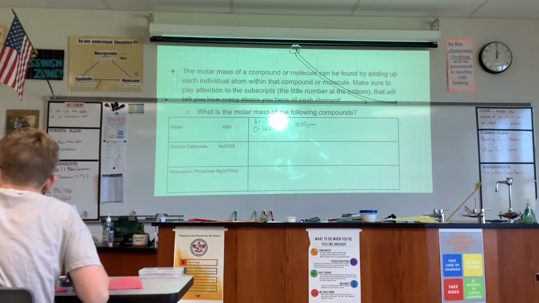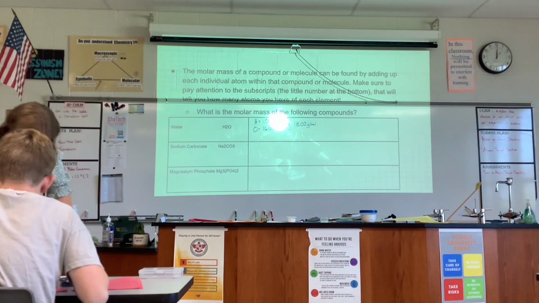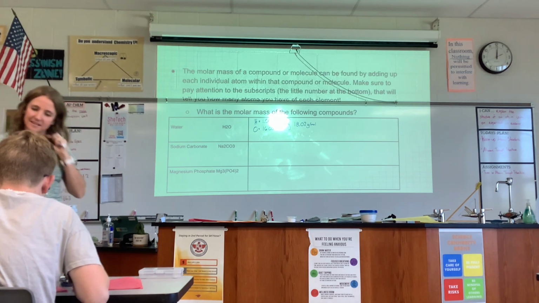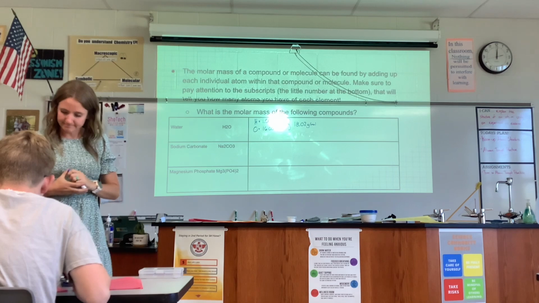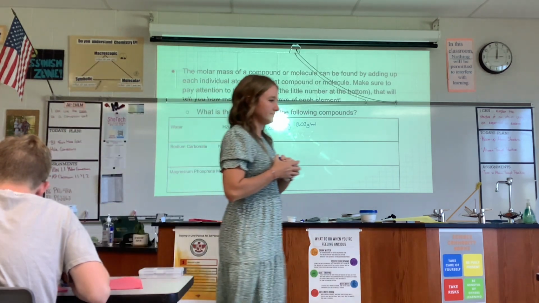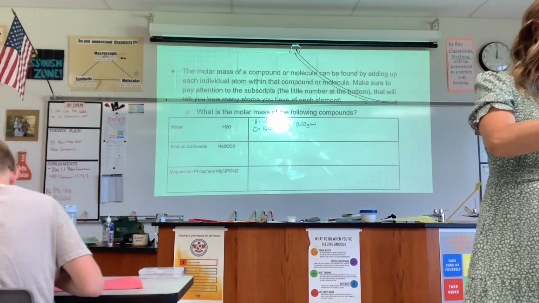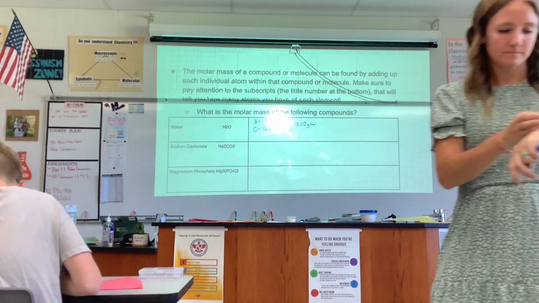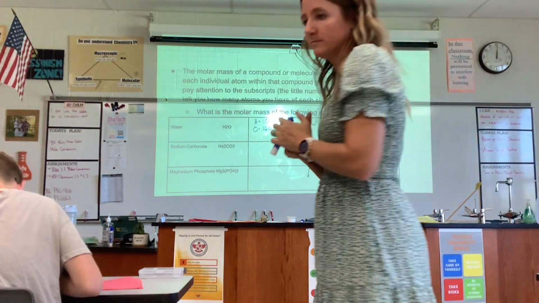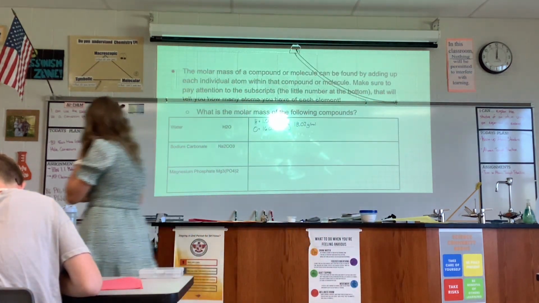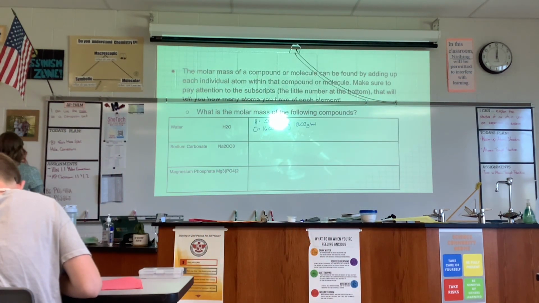You don't have to, 2 decimal places. So what's magnesium? Phosphorus. 24 plus 3.